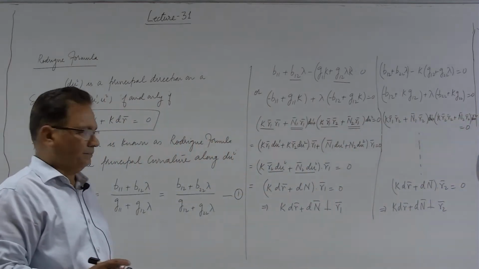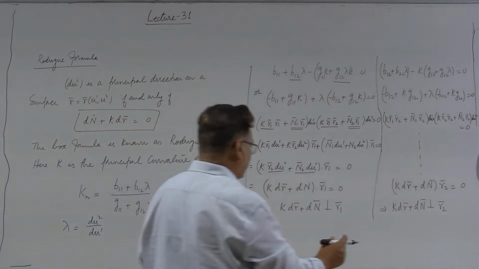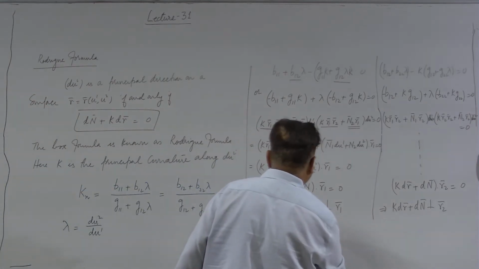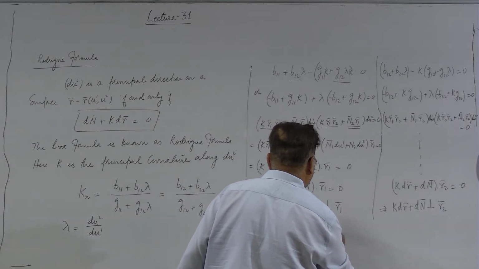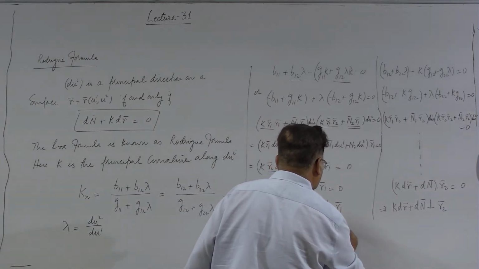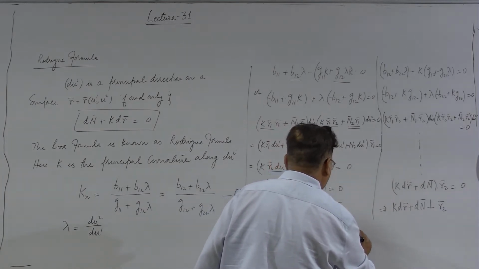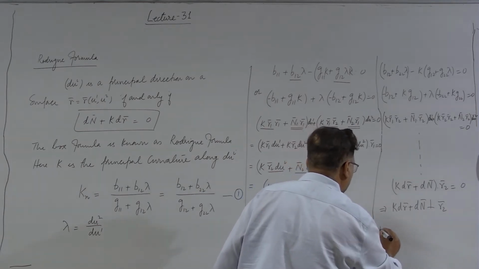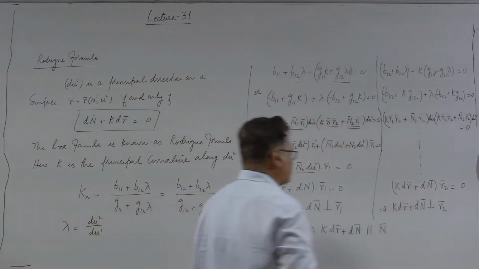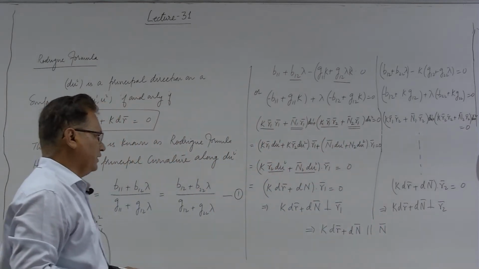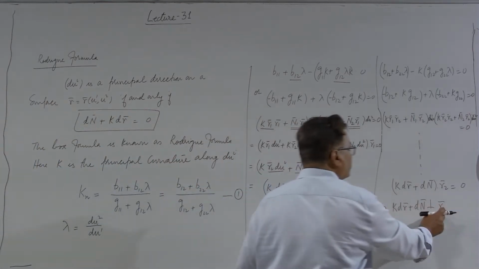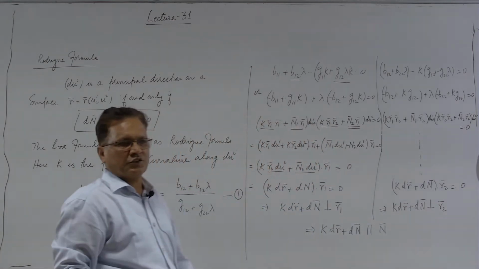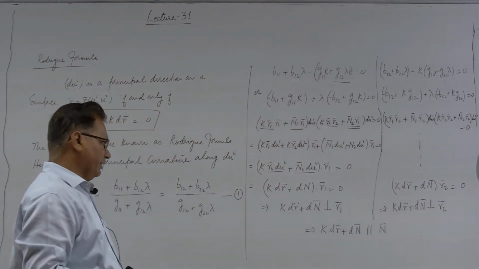Is it right? Now, if I combine the two expressions, you will say that k dr plus dn is parallel to n, because it is parallel to r1 cross r2. R1 cross r2 is parallel to n, it is a unit vector.